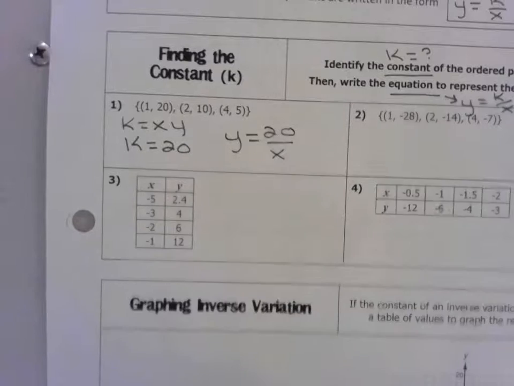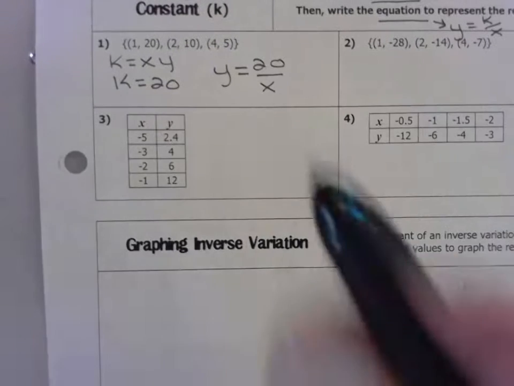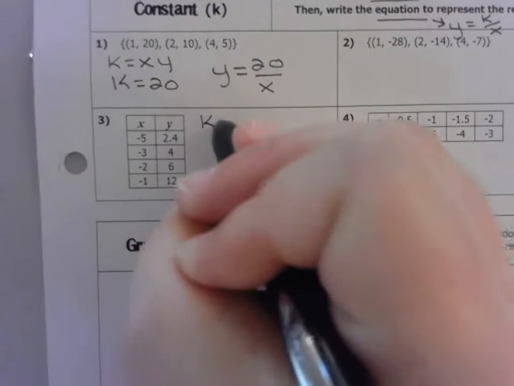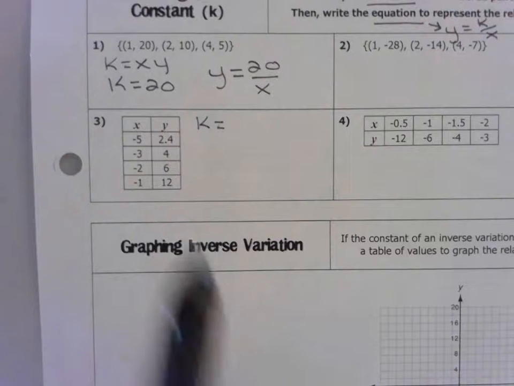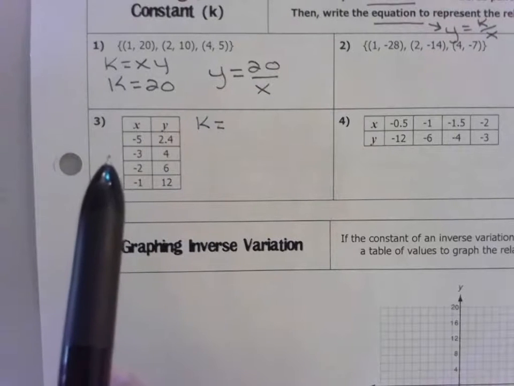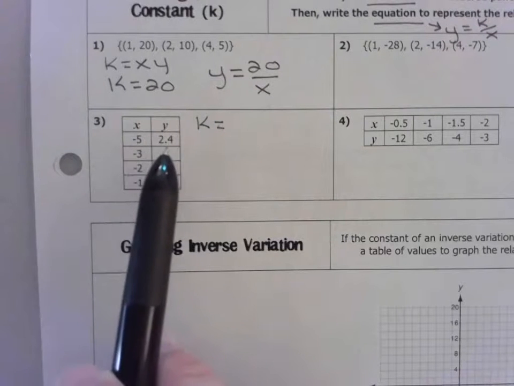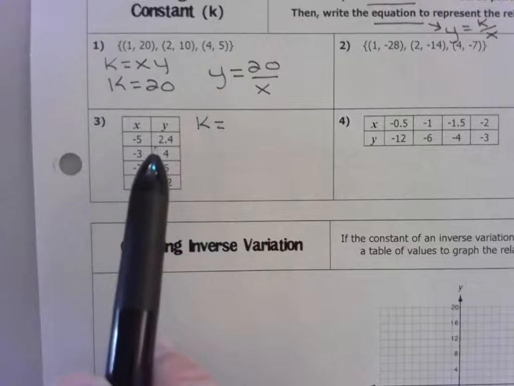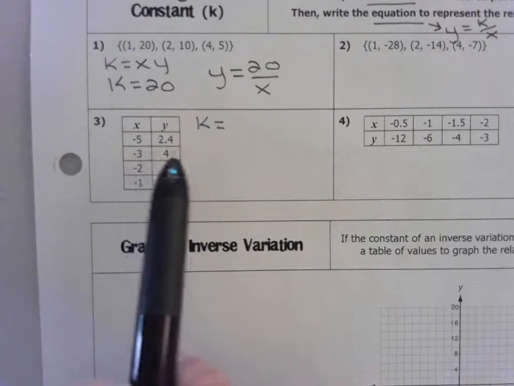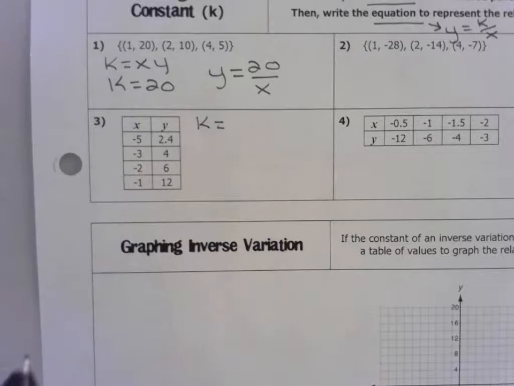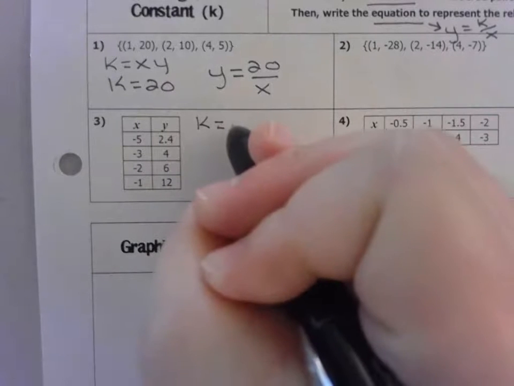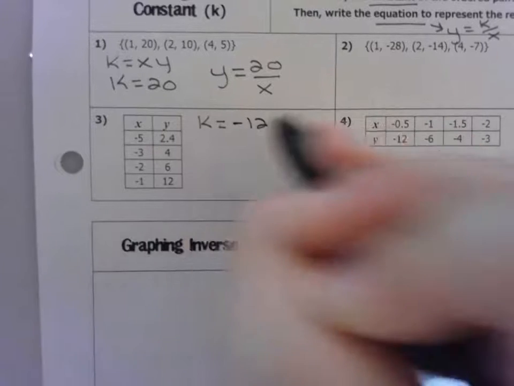Let's look at 3. Again, I want to find my k value. K is x times y. If it's inverse, k is x times y. So look at your ordered pairs and start multiplying them. Negative 5 times 2.4. If that's hard for you to do, look at the other ones. Negative 3 times 4. Negative 2 times 6. Negative 1 times 12. K is negative 12.